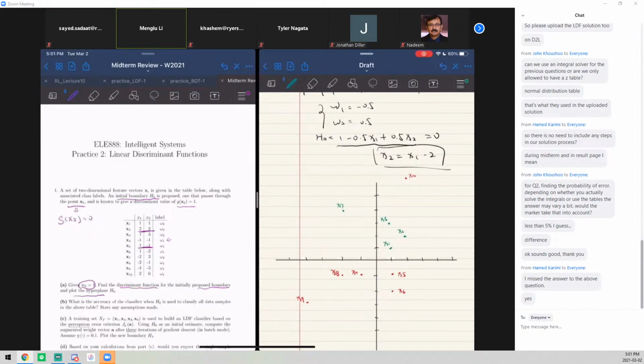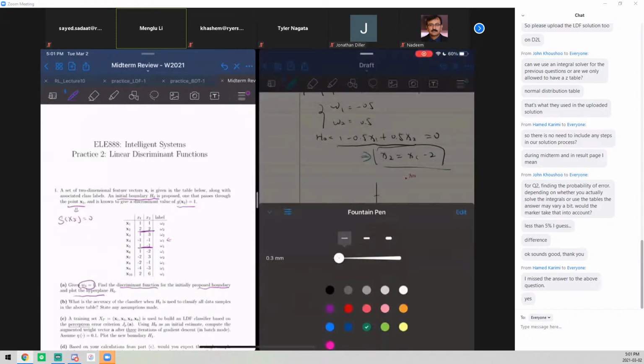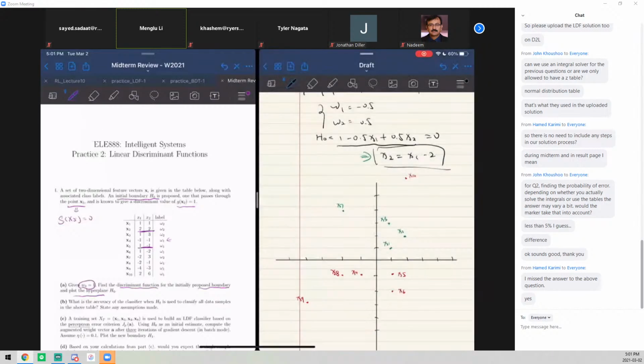And then we got the equation for the boundary, which says the y-intercept is -2. And it passes the point x5.